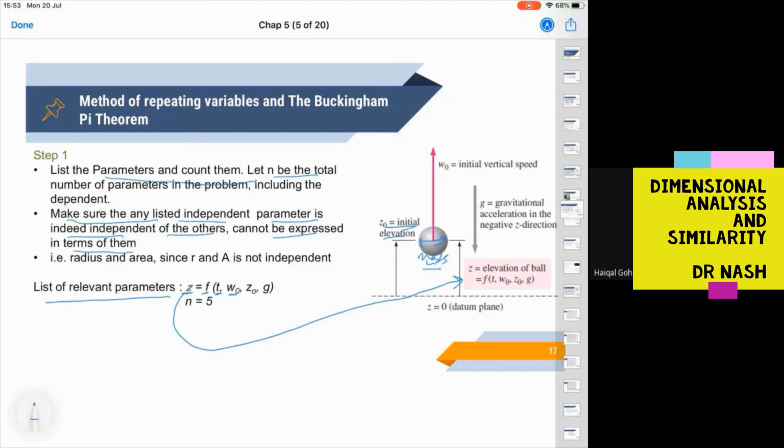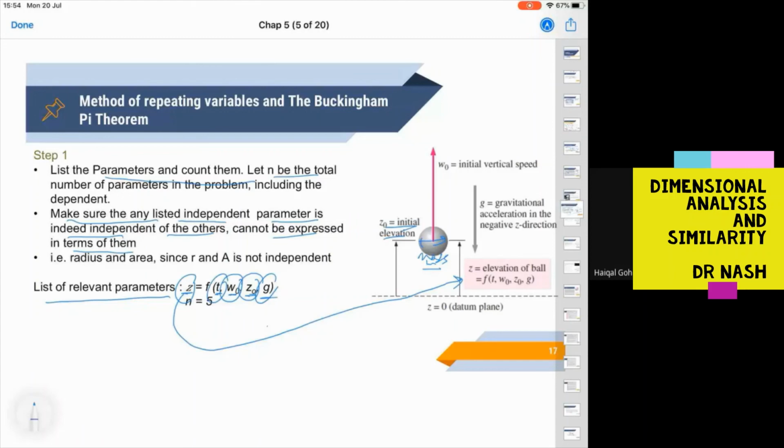Let's say if you just free fall or you throw the ball, definitely you will have a different outcome, right? And then ZO, the initial elevation, and then G is the gravity. So overall you do have the function. Remember, function ni tak termasuk, it just represents the mathematical expression. So yang ada dalam ni adalah Z, T, WO, ZO and G.